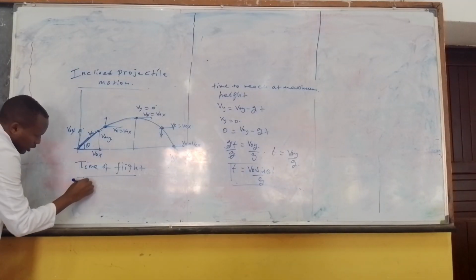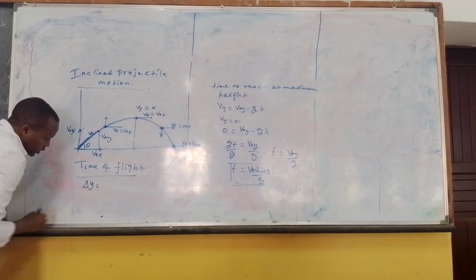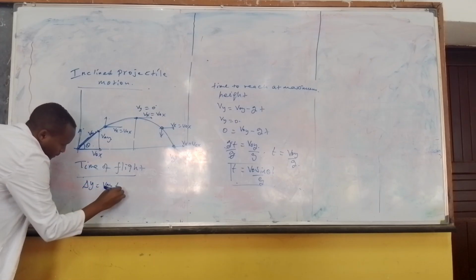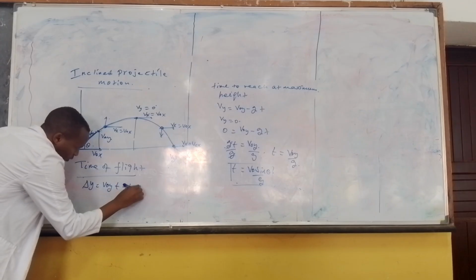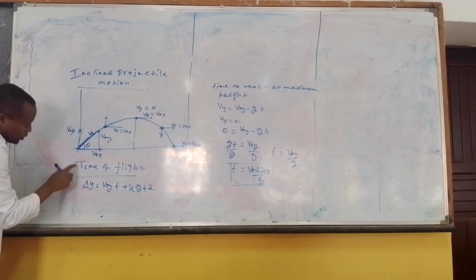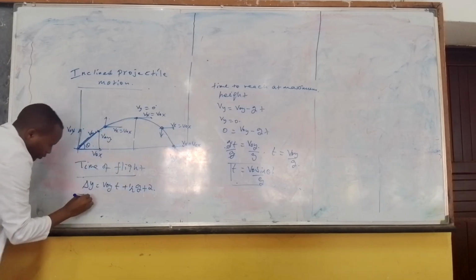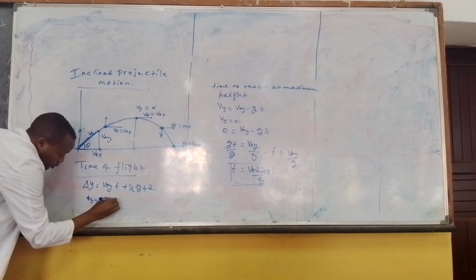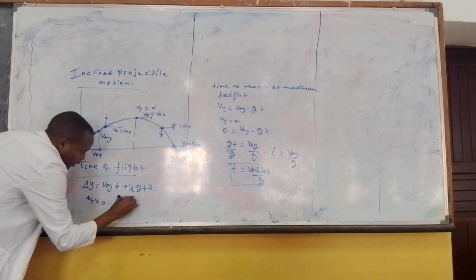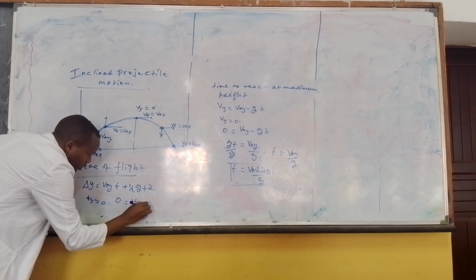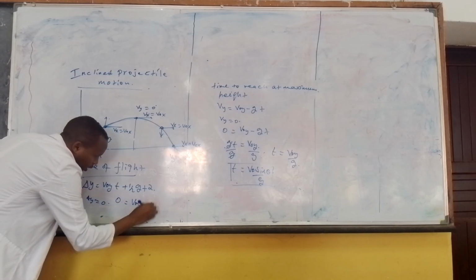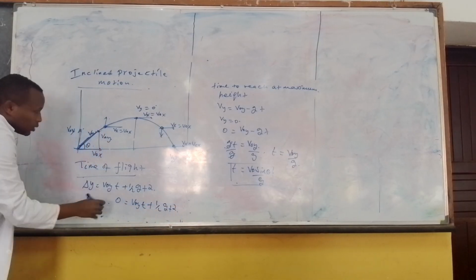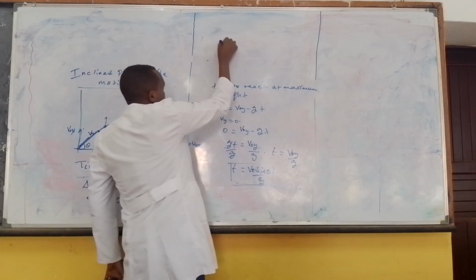This can be derived from the equation: change of y equals V naught y times t plus 1 over 2 g t squared. Since we have to come back to this position, the change of y is 0. So 0 equals V naught y times t plus 1 over 2 g t squared.